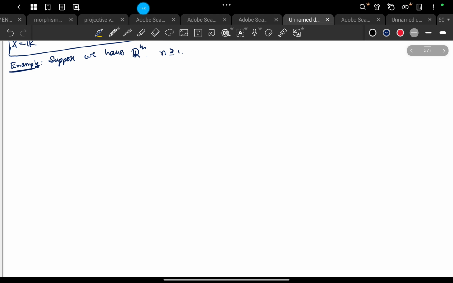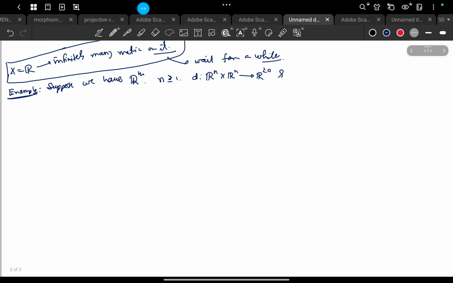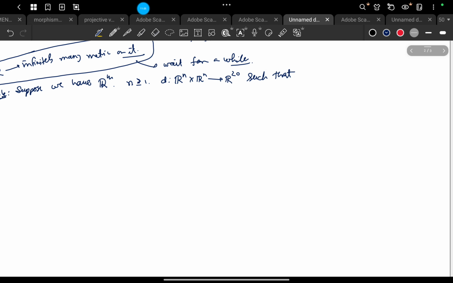There we can define a metric d from R^n cross R^n to R, greater than or equal to 0, such that d of (x1, ..., xn) comma (y1, ..., yn) is equal to the square root of the sum over i equals 1 to n of mod of xi minus yi squared.